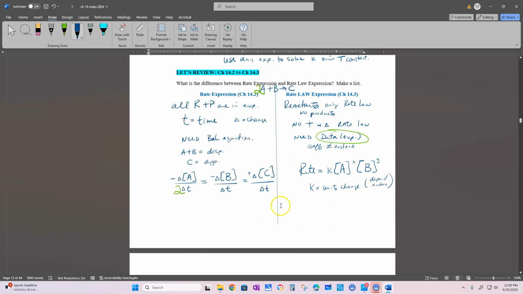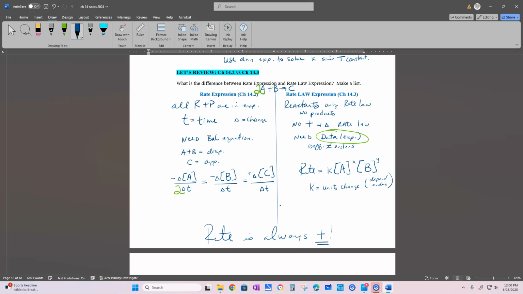So notice the difference between it. One is looking at every chemical and how one rate compares to the other rate compares to the other rate. The other one is a rate law based off of data. But regardless, rate is always positive.